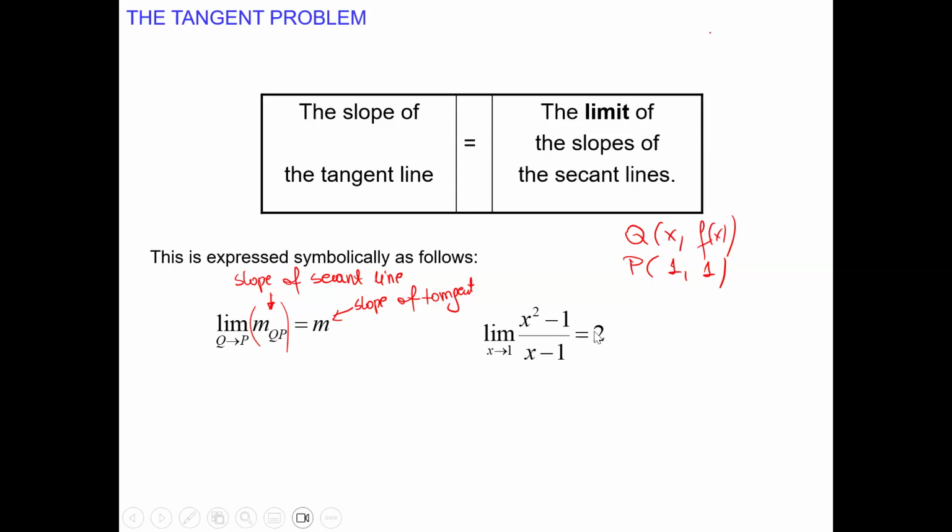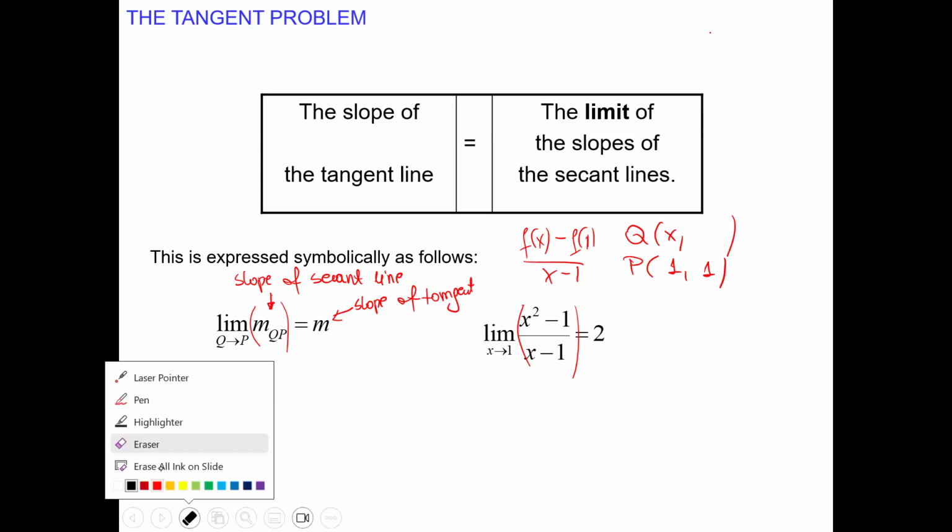And now this is just the definition of rise over run. It's actually the slope of the secant. If we think this way, x squared is the value at x, and 1 is the value at 1, and x minus 1, because the point was 1, 1, and x squared. I can even remove this one because we know the formula.